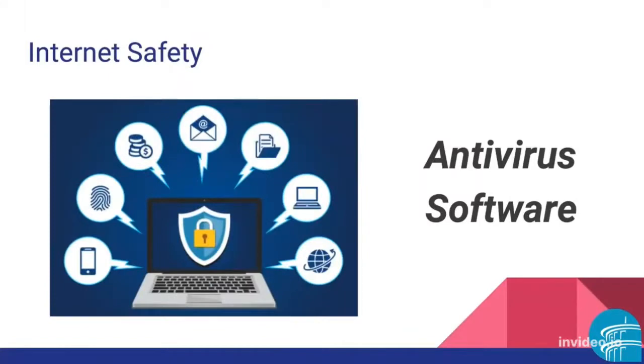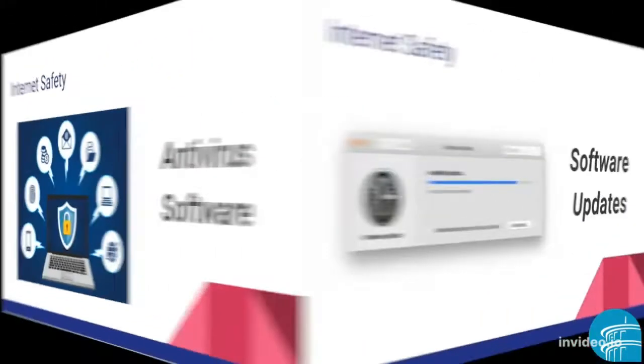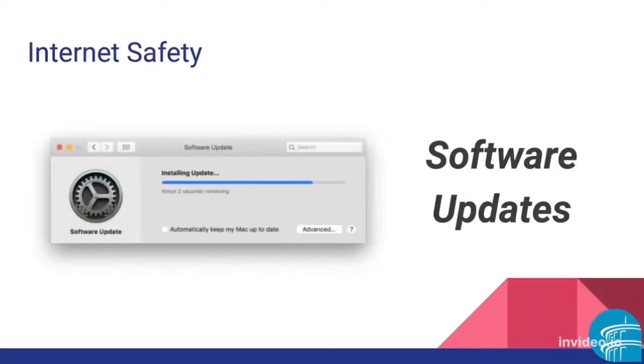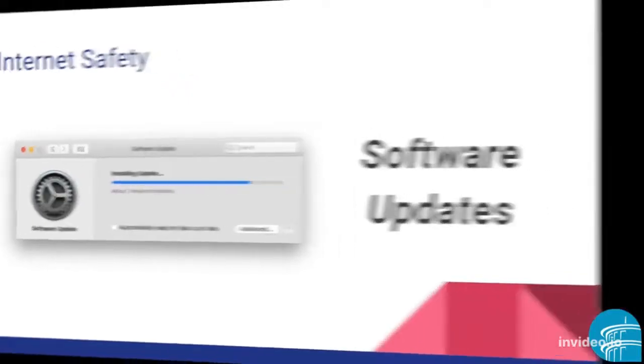Antivirus software is software that protects your computer from viruses or malware. Software updates are used to provide fixes to flaws in the software in addition to enhanced user features. It's a good idea to stay updated on software updates that your computer or device recommends.